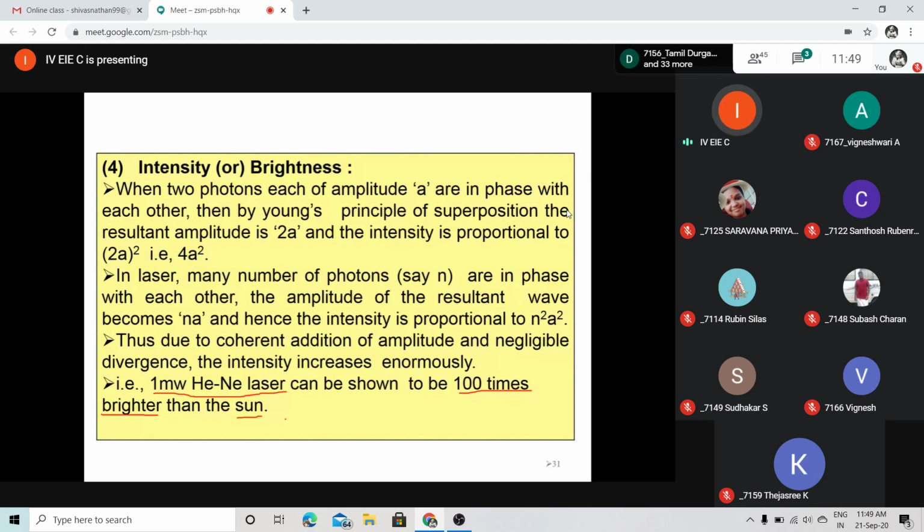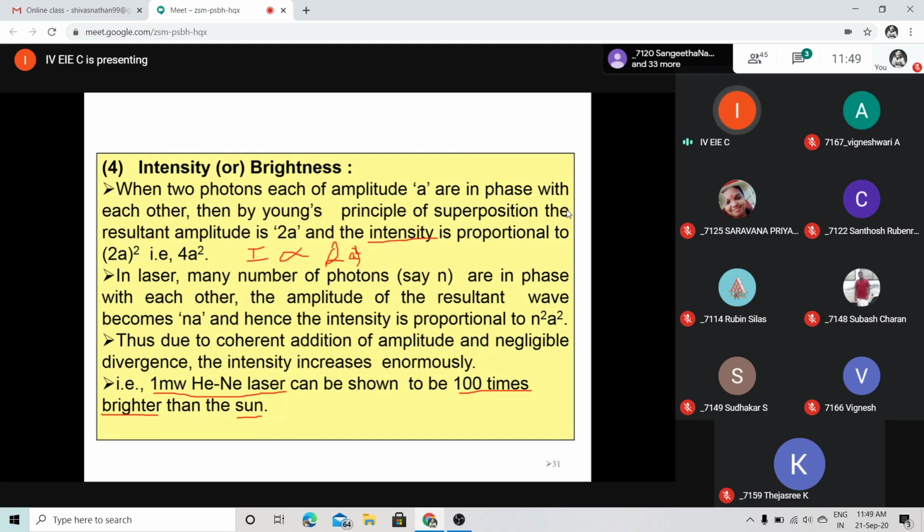When two photons, each of amplitude A, are in phase with each other, the intensity, denoted I, is proportional to the square of 2A. So if I have two photons, each of amplitude A, my intensity will be proportional to 2A the whole square, which is equal to 4A square.